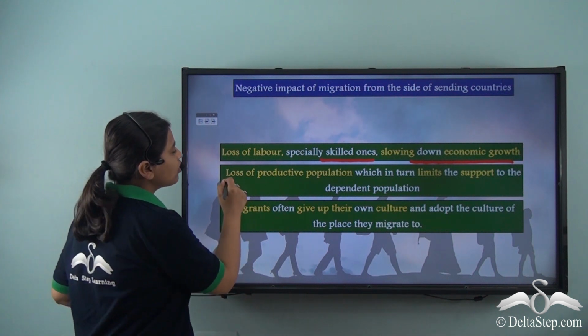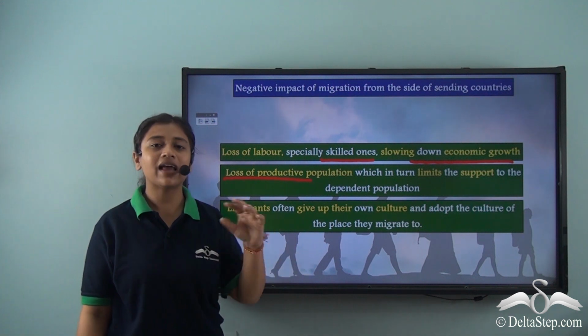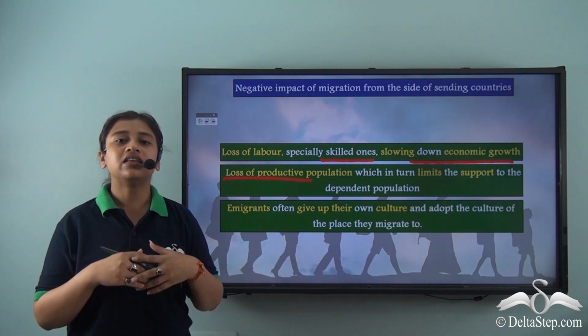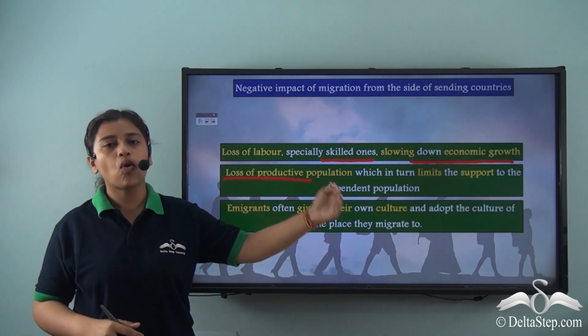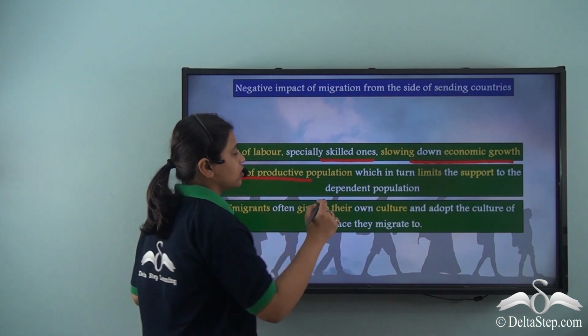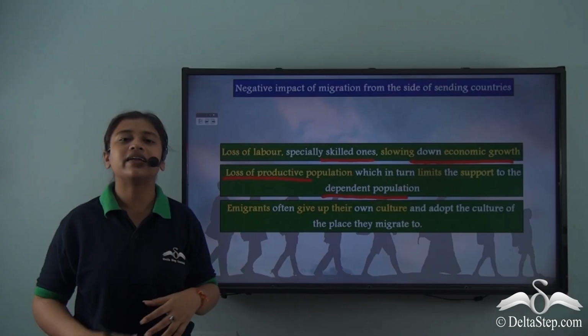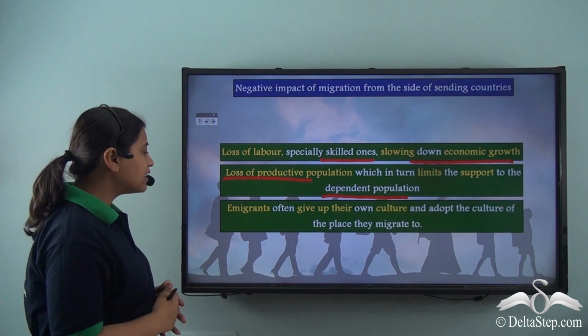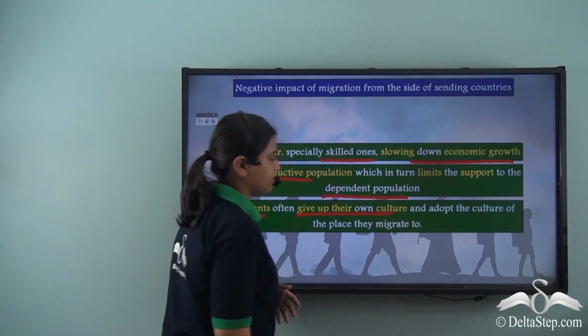Secondly, loss of productive population. As I mentioned, most of the migrants or emigrants are young adults, and so they are a part of the productive population. Now, as they go out, the support of the dependent population gets reduced. Finally, emigrants often give up their culture.